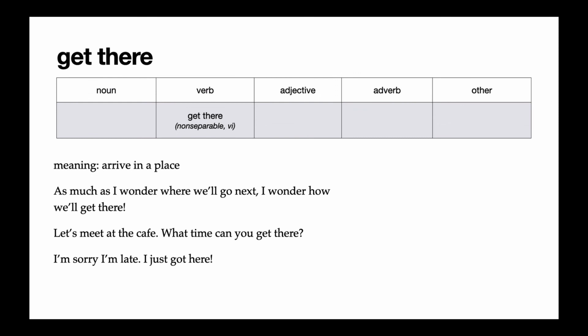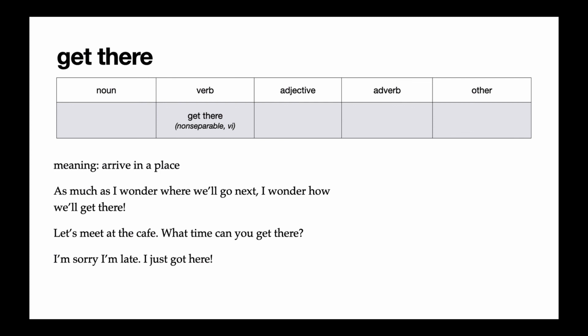And finally, we have the phrasal verb get there. Get there is a non-separable intransitive verb that means to arrive somewhere. So at the end of the reading, I said, as much as I wonder where we'll go next, I wonder how we'll get there. And the next example says, let's meet at the cafe. What time can you get there? It means what time will you arrive there?